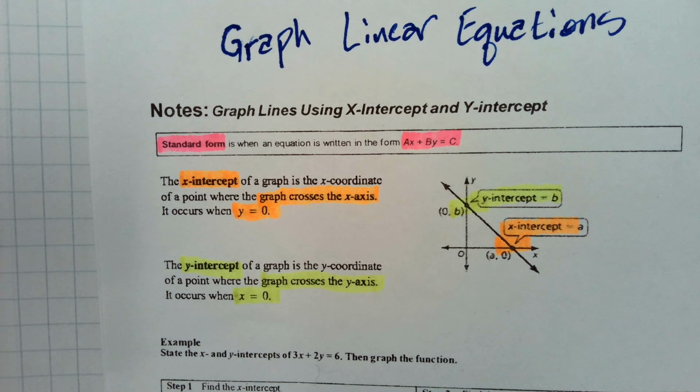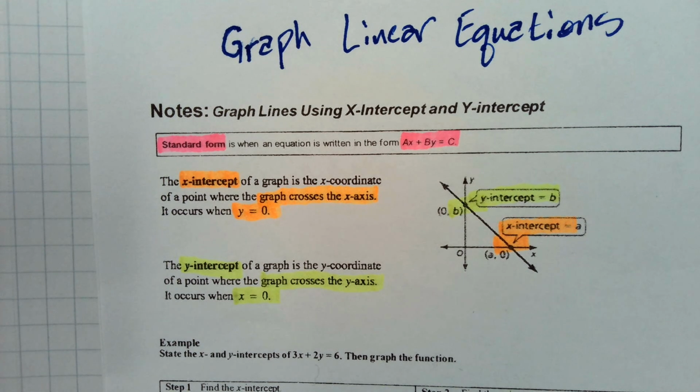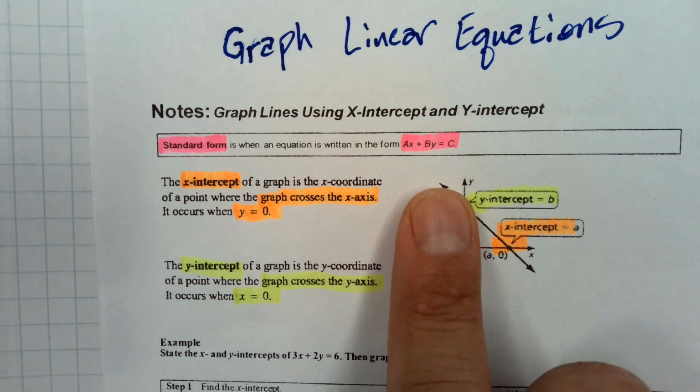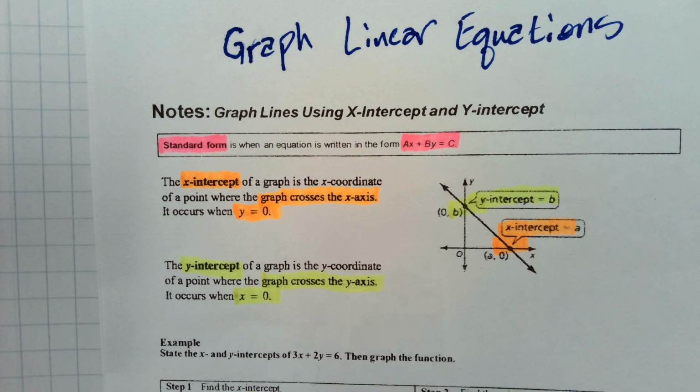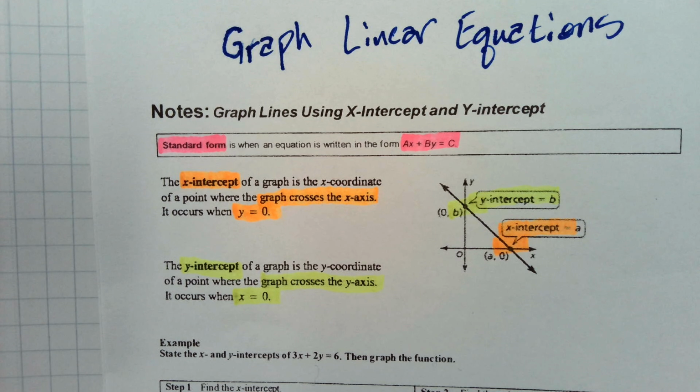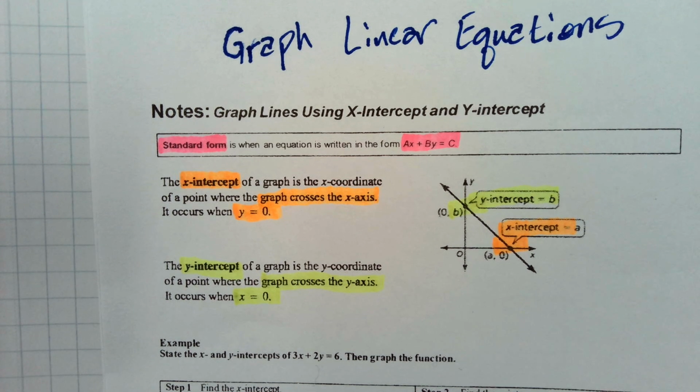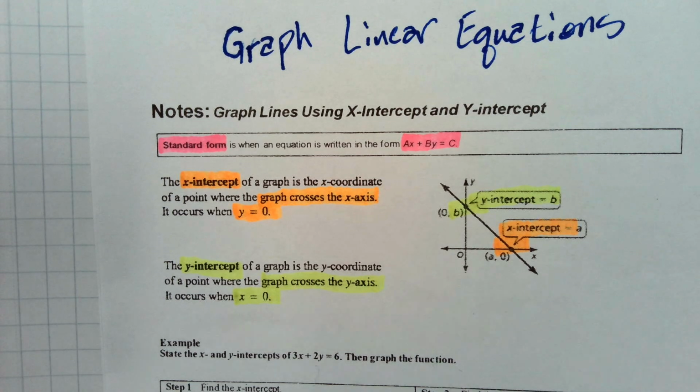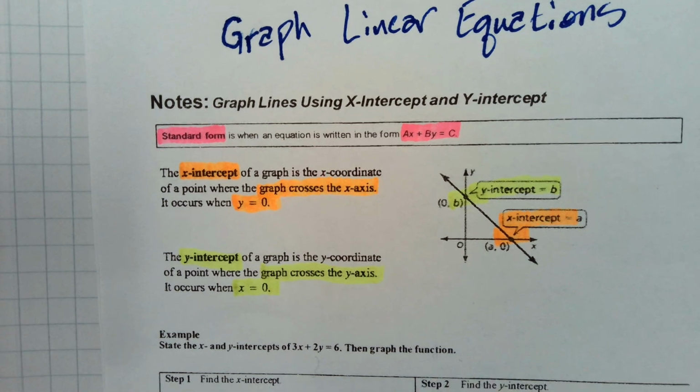The coordinate for X is always going to be 0 there. And we like zeros in math. Okay, so I'm going to show you the process to figure out, if you have an equation written in standard form, how to find where the graph of that line crosses the X-axis and the Y-axis. And it's just going to be playing around with zeros and then solving a very simple equation, okay?